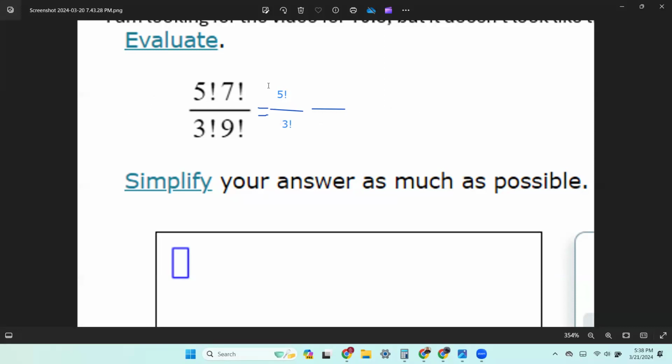That's supposed to be over each other, but you get the idea. And then over here, it's going to be the 9. And I'm going to handle each one of those separately and then put them back together. But I think this is the best way to handle it.